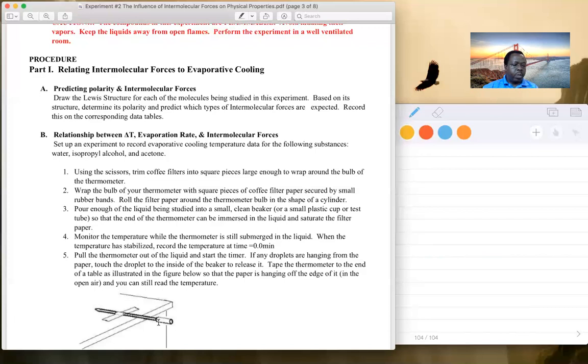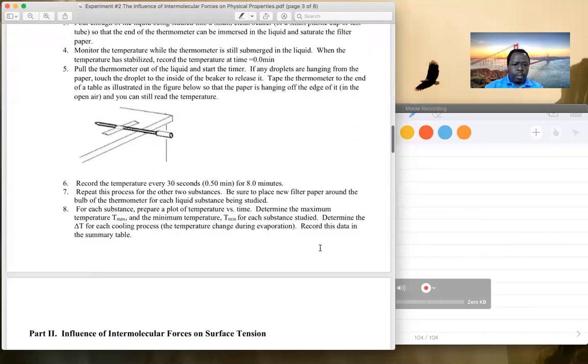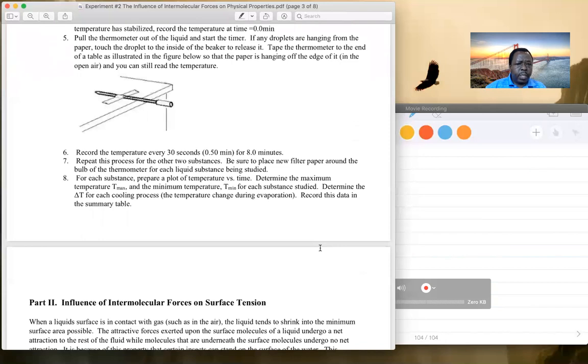Don't just lay it on the table, because the table will increase the rate of evaporation, so it should be suspended on the edge of the table. You will monitor the rate of evaporation and record the initial time when you remove it until the temperature becomes constant. Somewhere here it's talking about recording the maximum and the minimum for each substance. Look here, number 8.